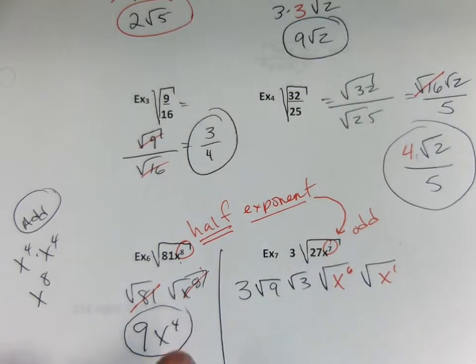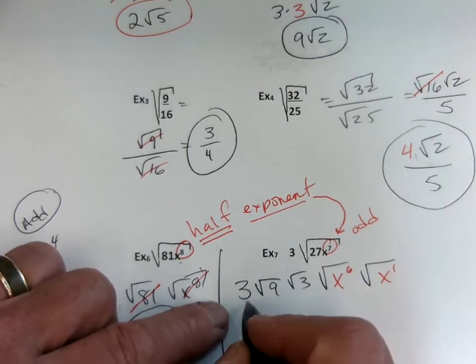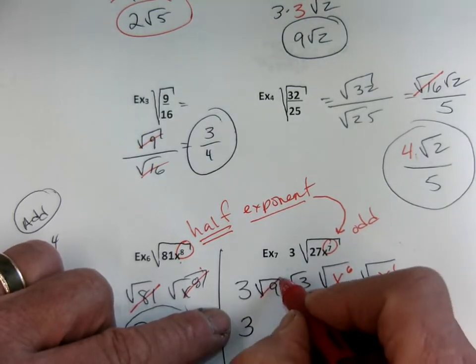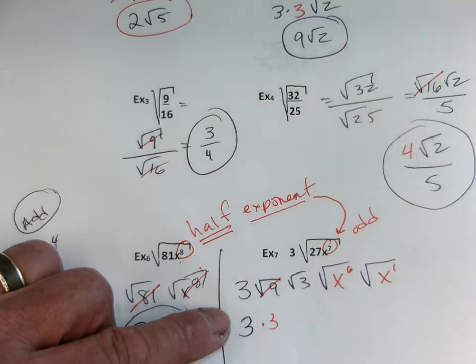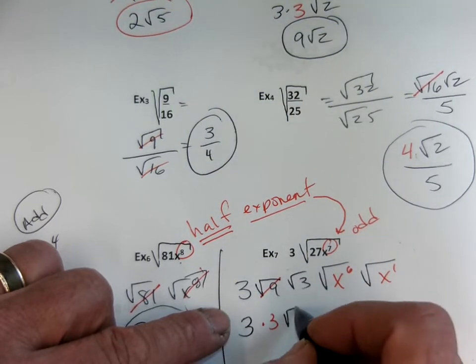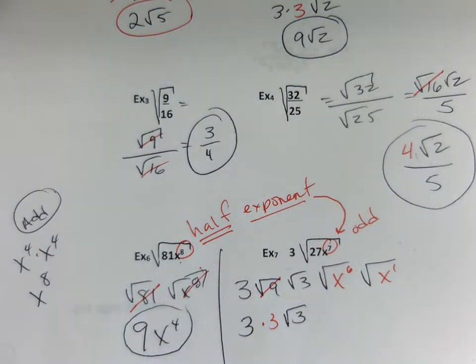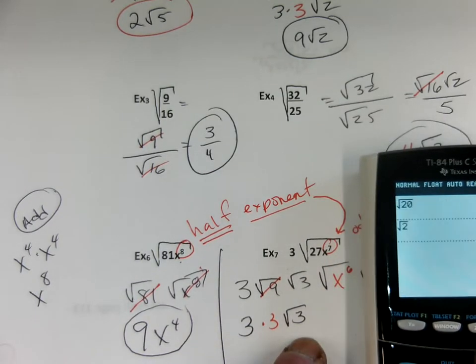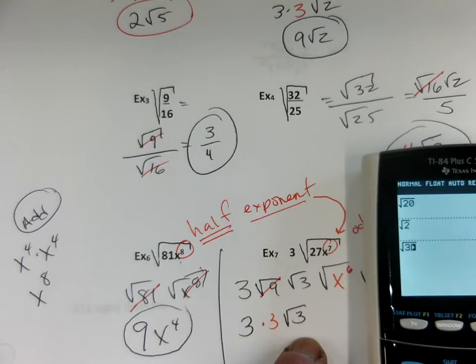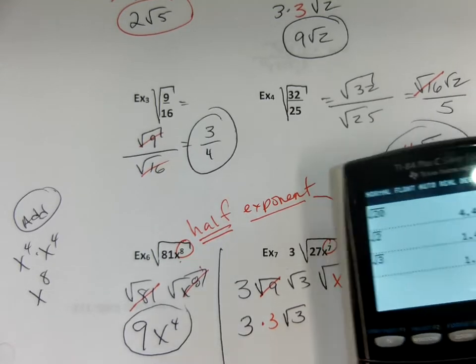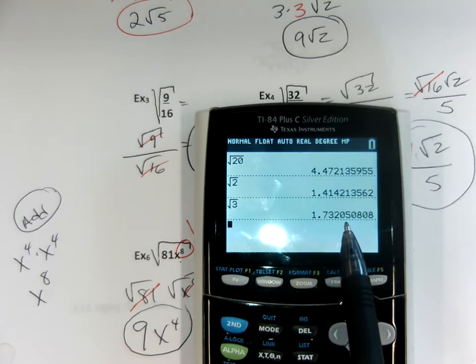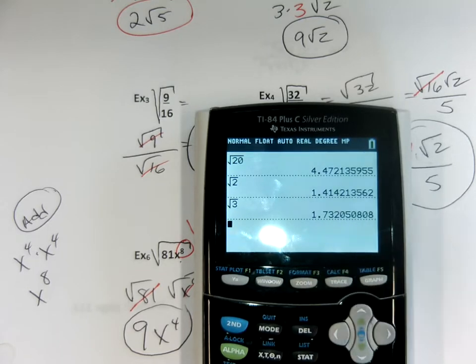All right, let's see what we have. This 3 is still there, but the square root of 9 is 3. This square root of 3, I have to leave. It's either this number or this number, and I don't want to write 1.732050808, blah blah blah.